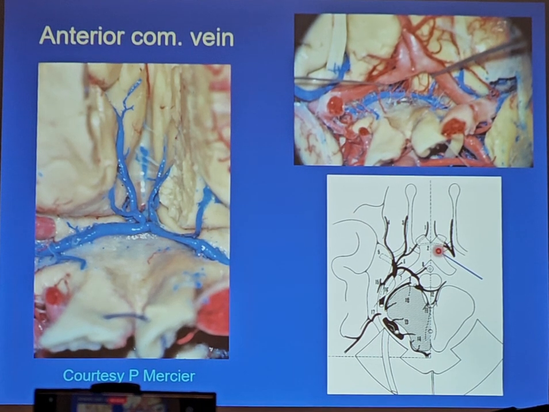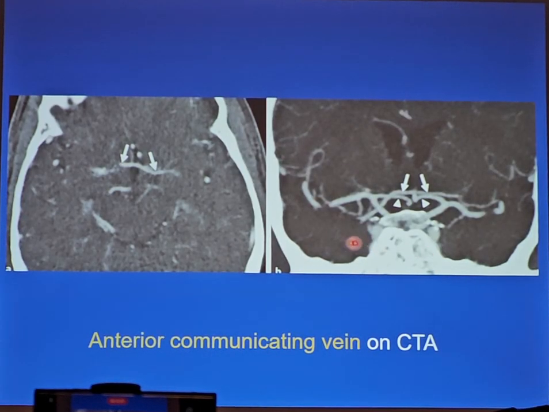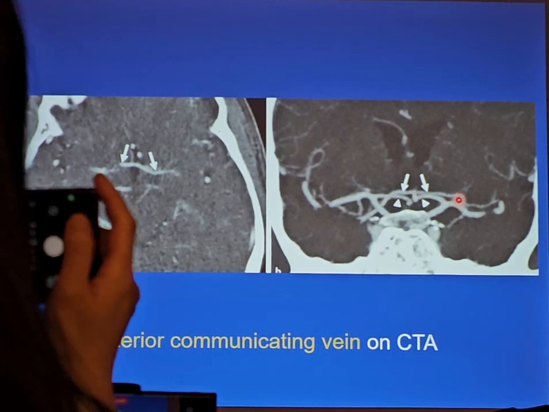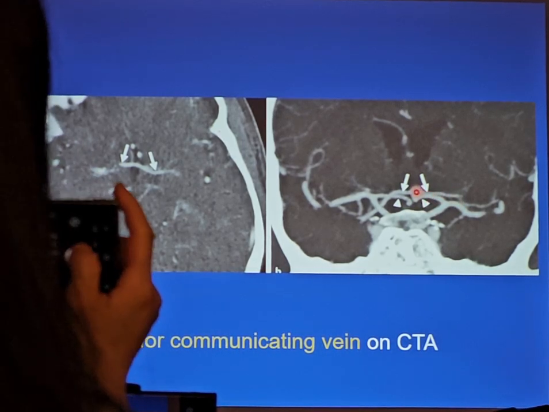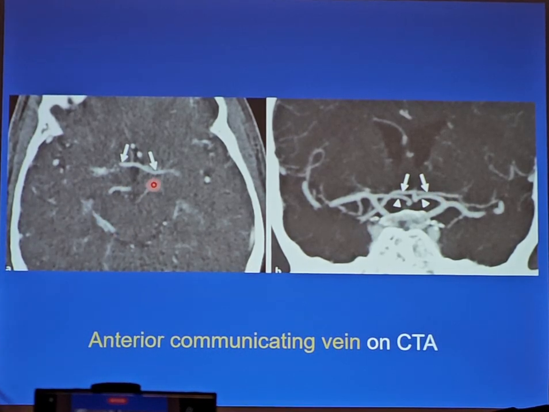So we're talking about a channel that is located above the chiasm and above the anterior cerebral arterial system. And you can see this vessel on CTA. On the coronal pictures, you can see the A1, A2, but beside it and above it you see the communicating vascular structure, which is actually the anterior communicating vein that crosses over from left to right.